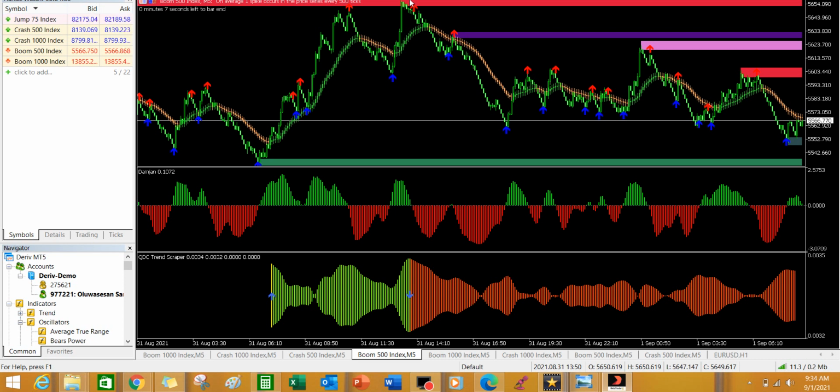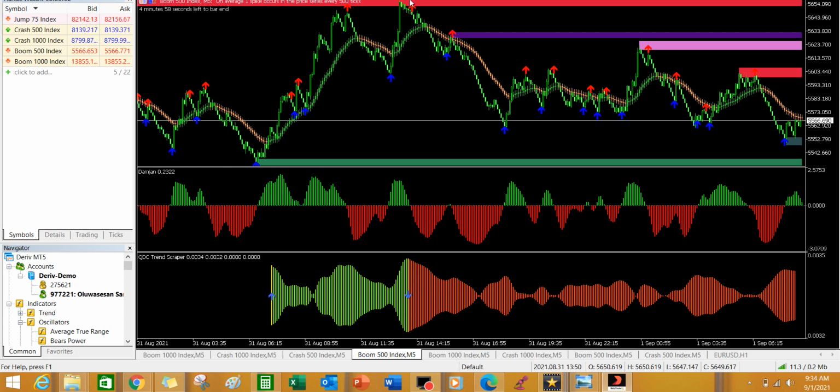So every support region matters, because we will be having more spikes happening around there. For Crash, it should be around the resistance region, and the market should be in a downtrend. So once the trend is on a downtrend, then definitely we have more spikes happening around there.